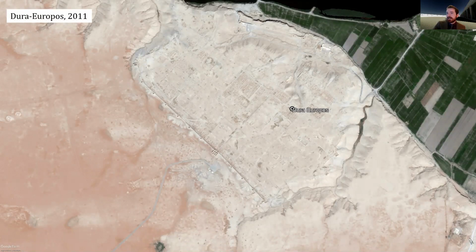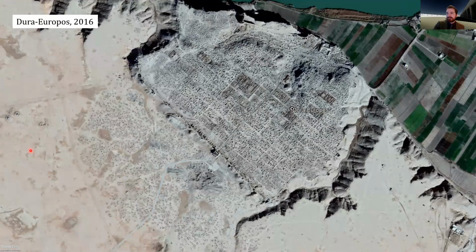You can see here in 2011, there are some grave robber pits or looters pits located throughout the site, but we can see in 2016 that it has been completely and utterly decimated. All archaeological context is completely and utterly gone.